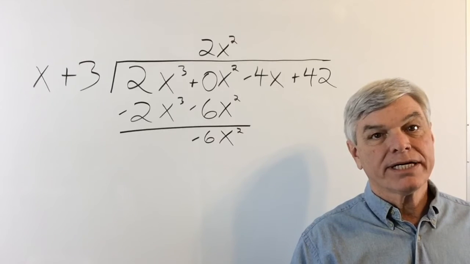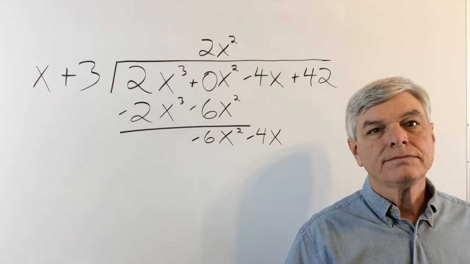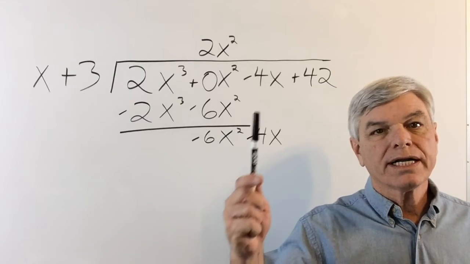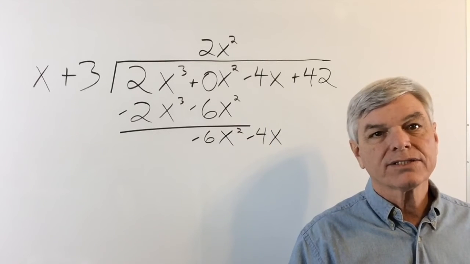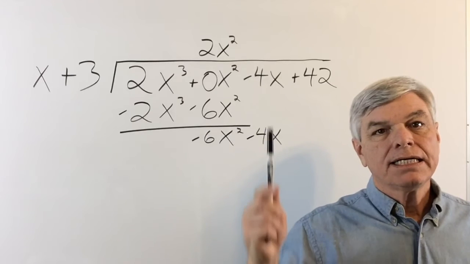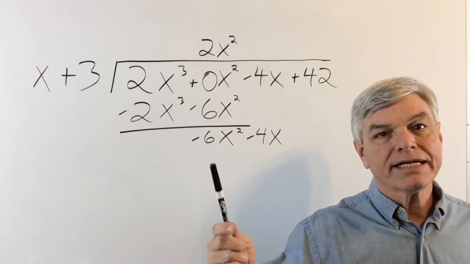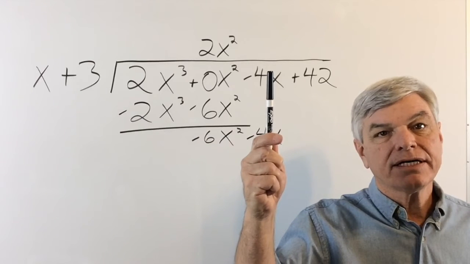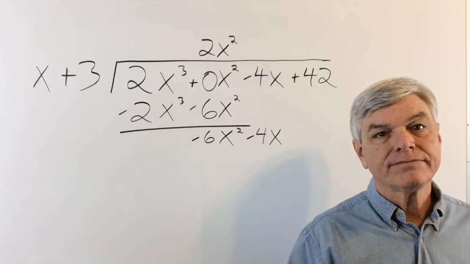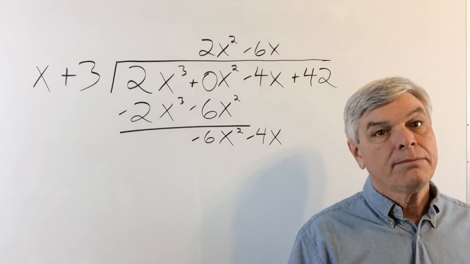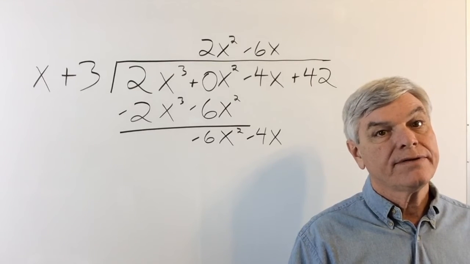And hopefully you're not confused that negative 6x squared plus 0x squared is negative 6x squared. So let's bring down the next term. And now we're working in the x column, so our answer is going to be x. And what times 1 is going to give us negative 6? It's going to be negative 6x. That's right. Be real sure. And you've heard me say this several times, watch your signs.